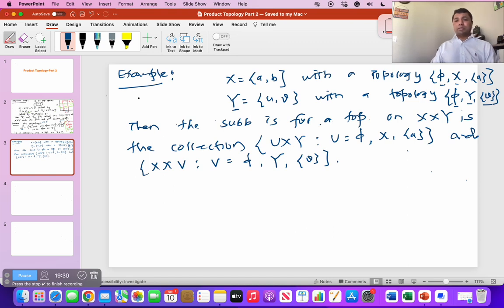Then the subbasis for the product topology on X cross Y is this collection and that one. Now we can find each collection.